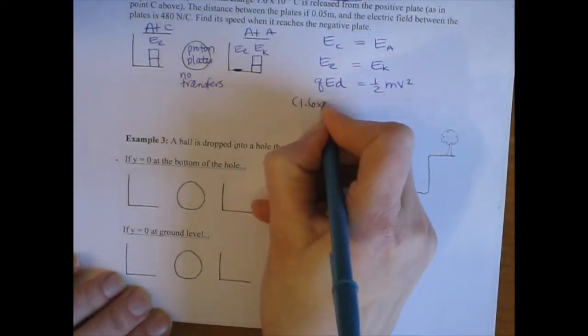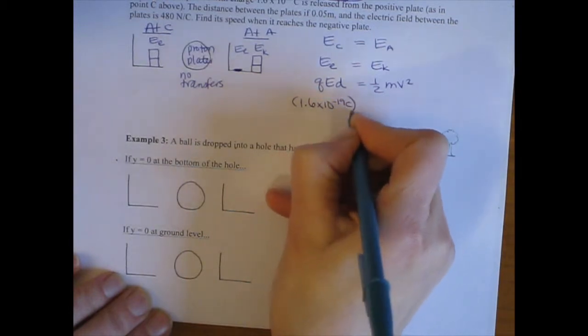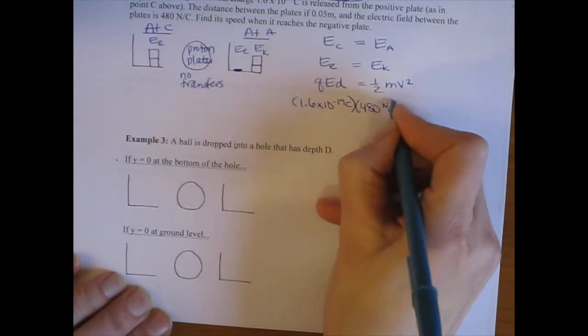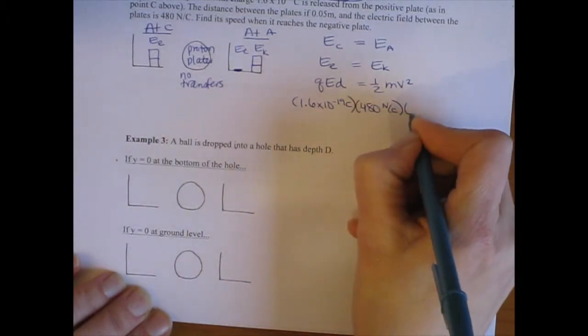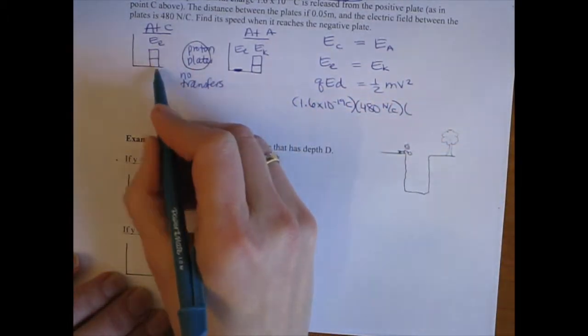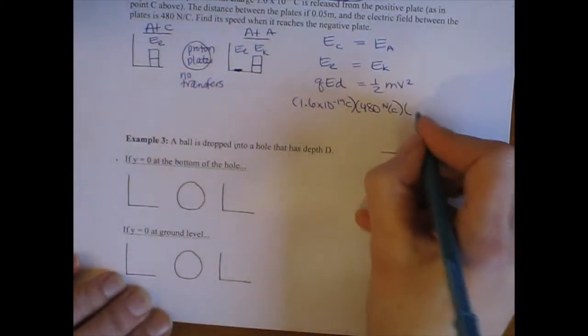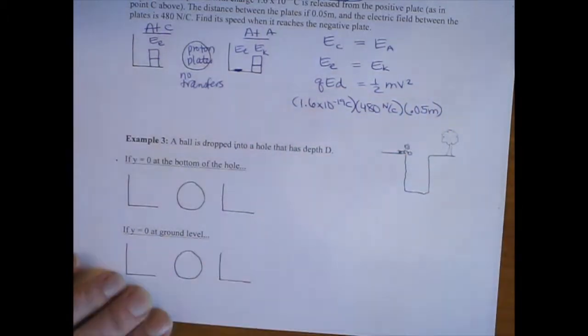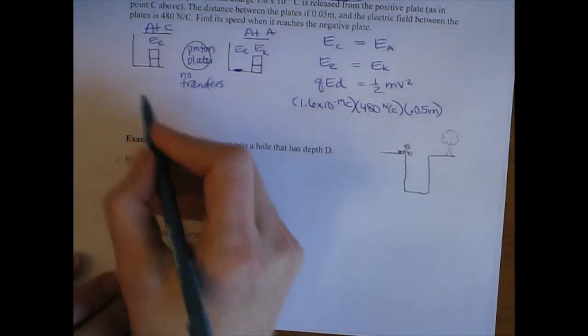So 1.6 times 10 to the negative 19 coulombs is the charge. The electric field is 480. And the position at this point at C is 0.05 meters. Remember that the position is measured from the negative plate.